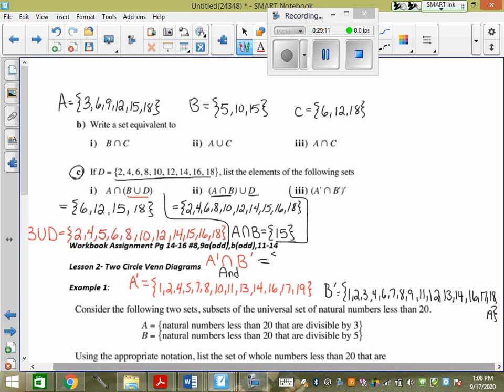So what's in both of these? 1 looks like it's in both, right? 1, 2, 4, 7, 11, 13, 19. There's a little 19 down here. I made it go to the next line because it has space. So that's what's in not A and not B.